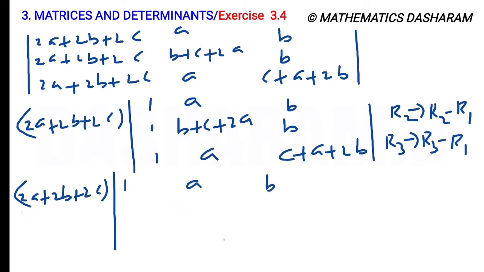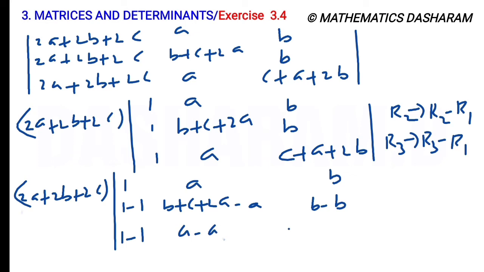But R2 replaced with R2 minus R1, so 1 minus 1. Then here b plus c plus 2a, R2 minus R1, so minus a. Next here b minus b. Next R3 replaced with R3 minus R1. So 1 minus 1, a minus a. So here c plus a plus 2b minus b.